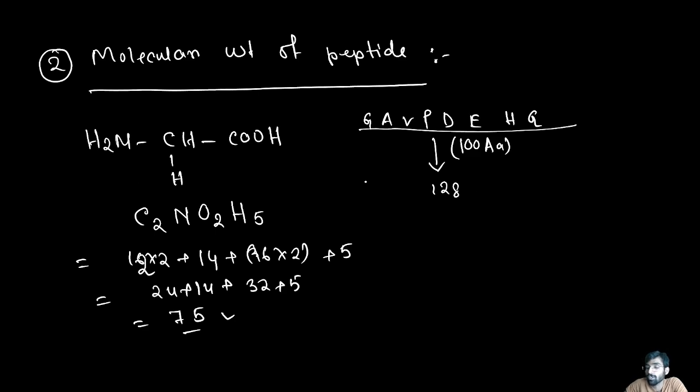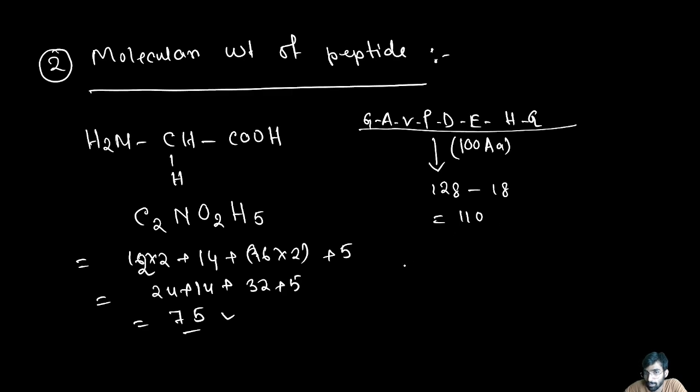Suppose you calculate the molecular weight for the 20 amino acids, then you just average it. But as in a peptide there is a peptide bond, I will explain what a peptide bond is. Due to the peptide bond, the average weight is minus 18, that is 110. Why this minus 18?